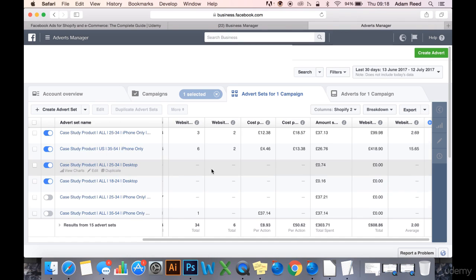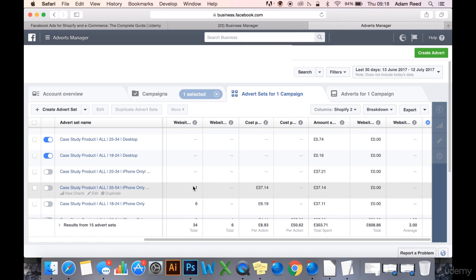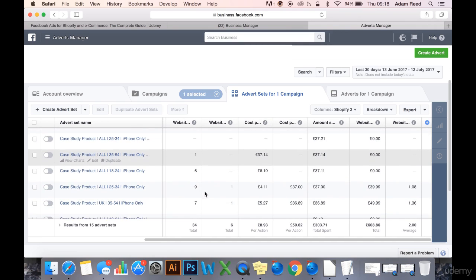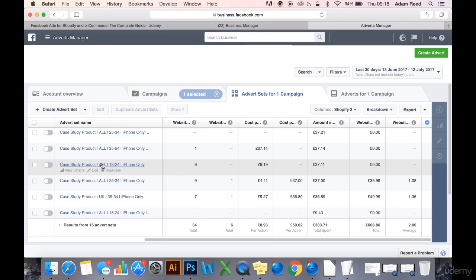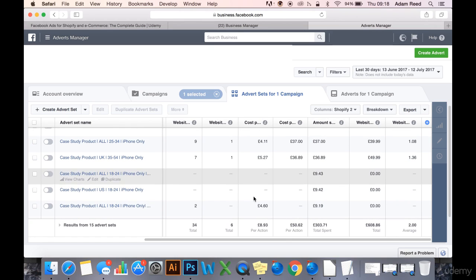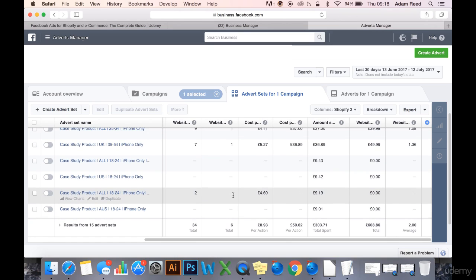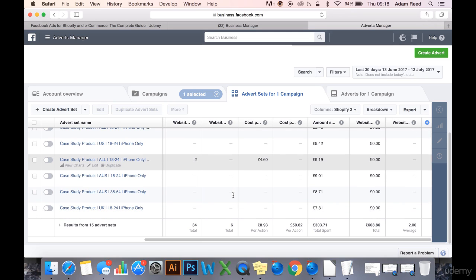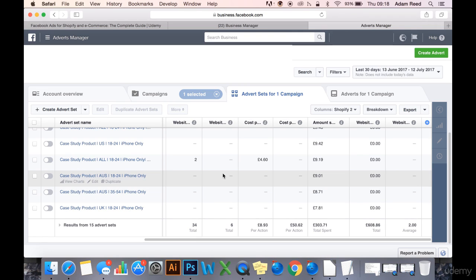I thought I'd try it in the second campaign. Here you go. So let that run. These ones that say all is where it's all countries. These are the first ad sets I ran, and I didn't get very good results. I'll be honest, didn't get good results. And I decided to basically not pack it in because I'd only spent a bit of money and I'd only tested very, very minor things.